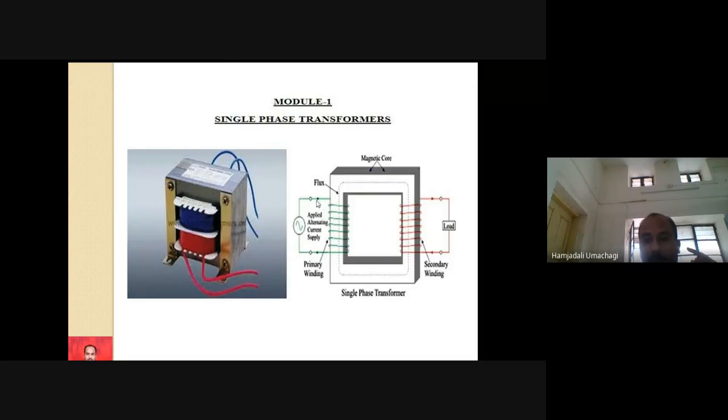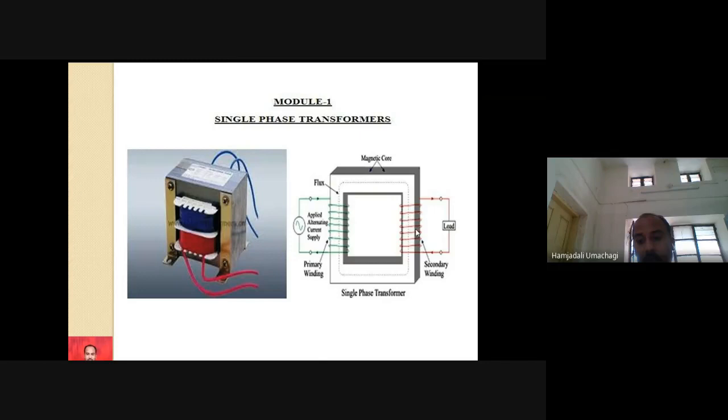This green color winding, whatever you are observing here, is my primary winding. Similarly, this red color winding is the secondary side of the windings. Make sure that this primary winding is wound on one limb or one leg of the transformer, and on the other leg or limb of the transformer you have another conducting wire.